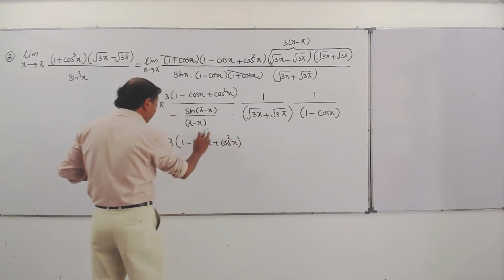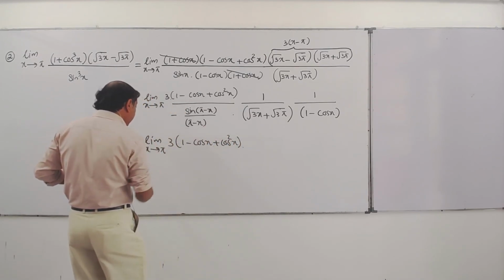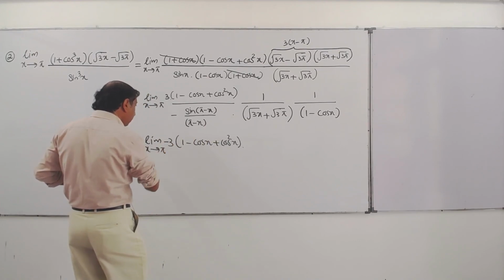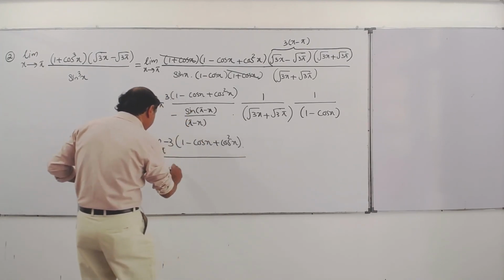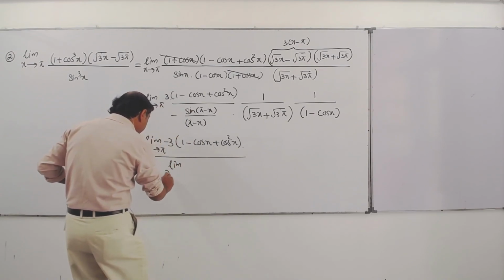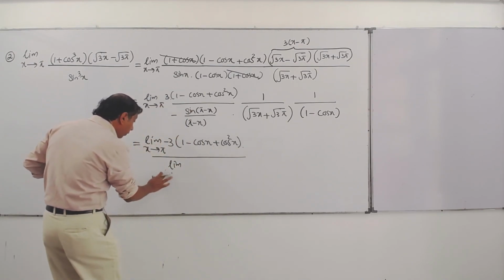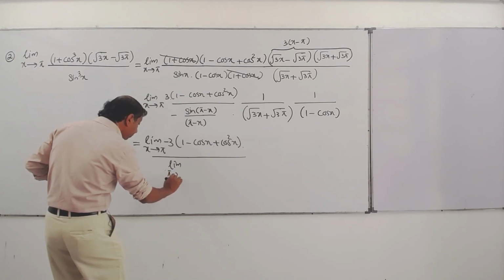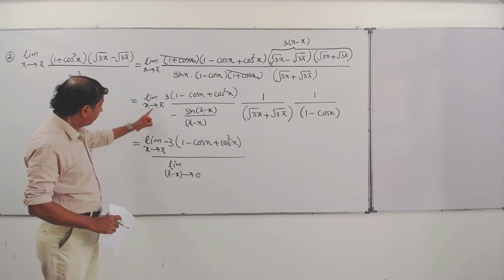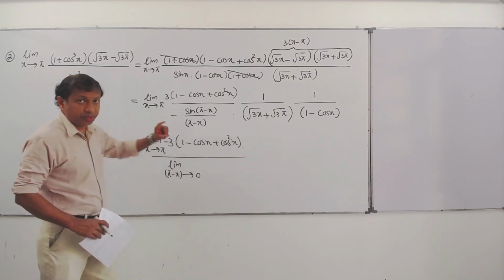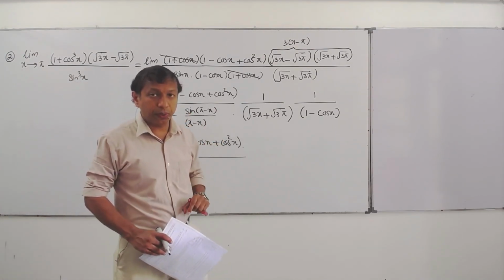The minus sign I write here. And this, I write limit pi minus x going to 0. That's also correct, no? x going to pi means the difference between x and pi is 0.